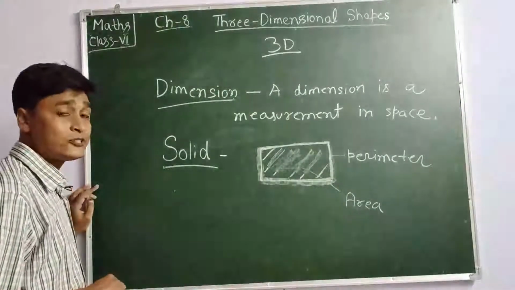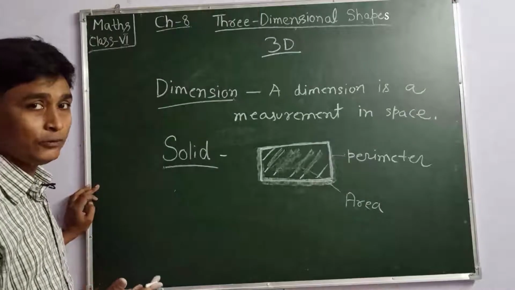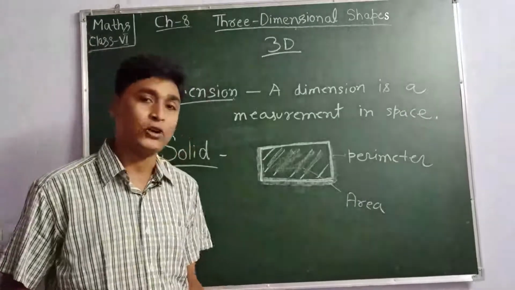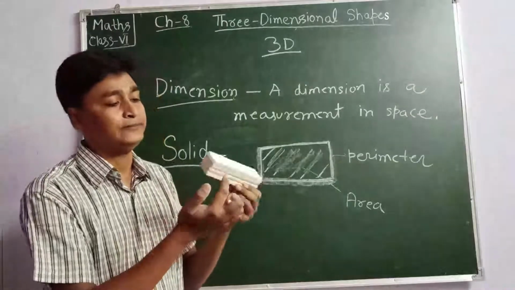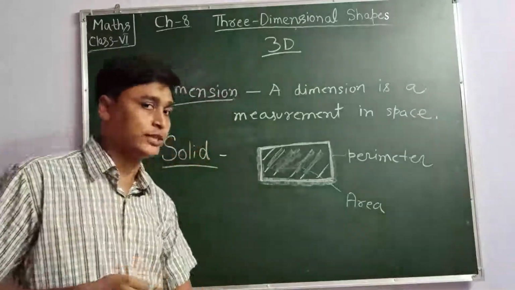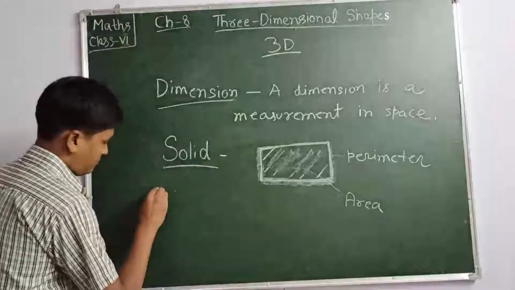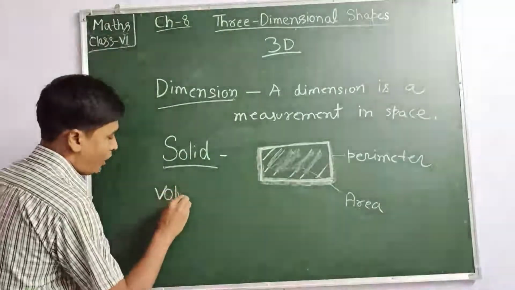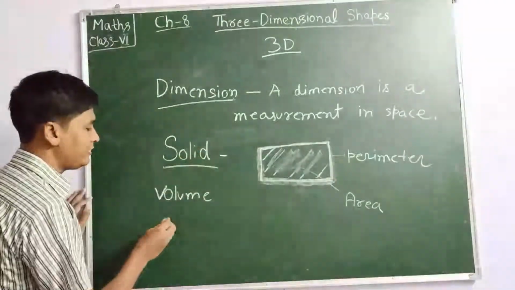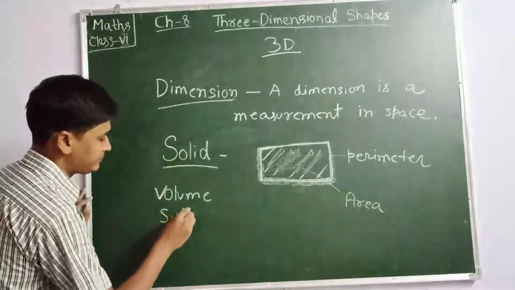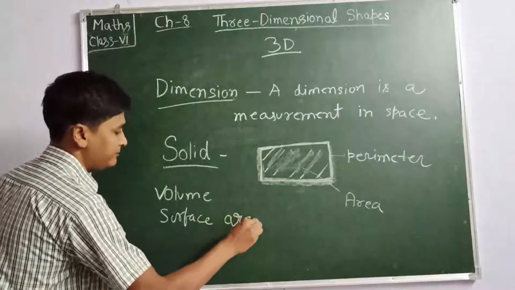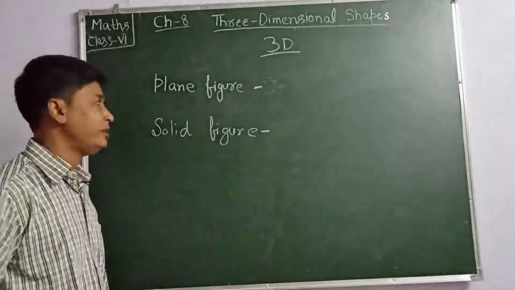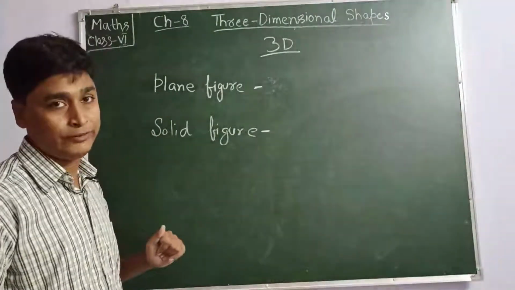But a solid has a volume and a surface area. A solid has two things: first volume, second surface area. Now, plane figure and solid figure.